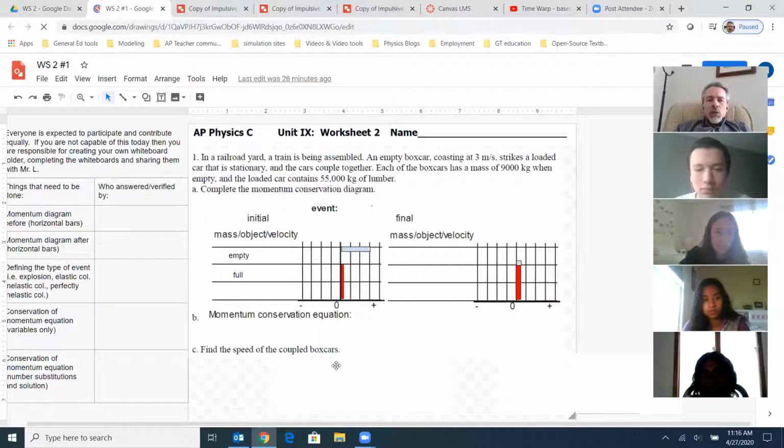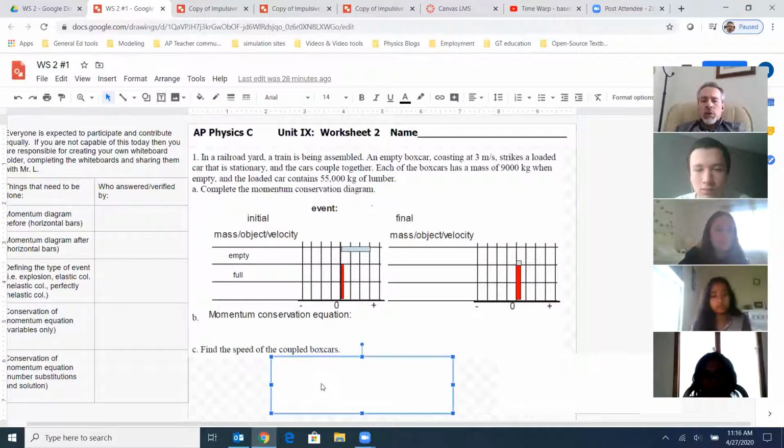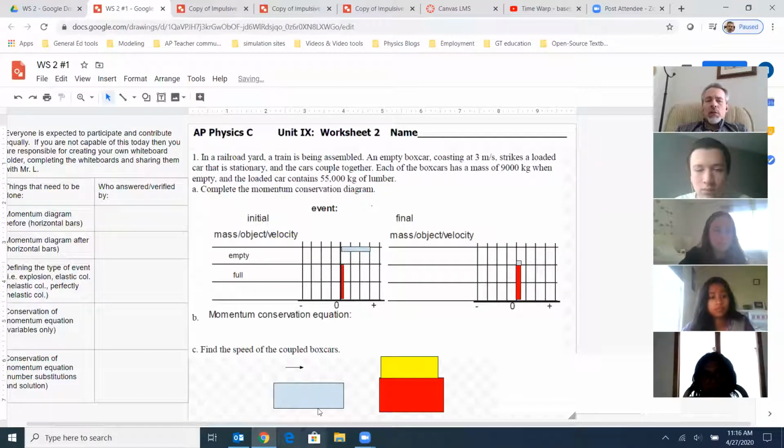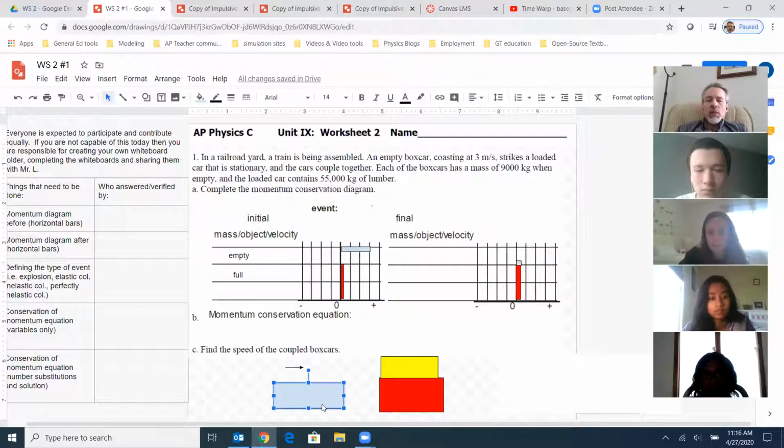We have an empty car moving at 3 meters per second toward a loaded box car. It looks like this: this blue one is moving toward this other one that has the same mass, and it has a load of lumber or something inside of it.